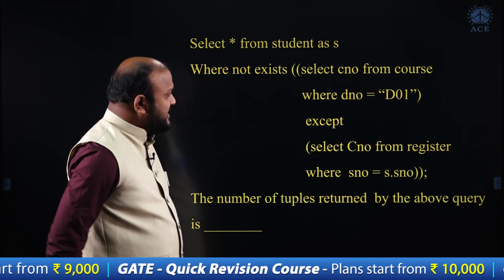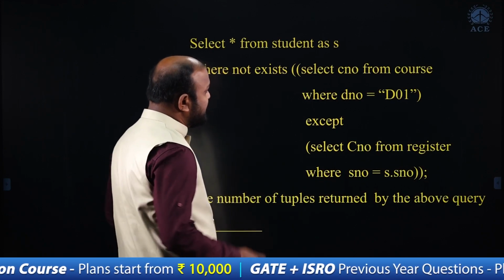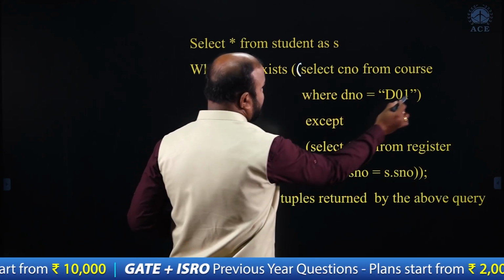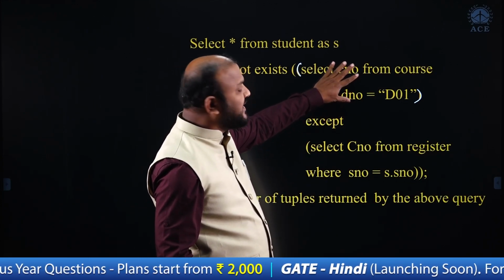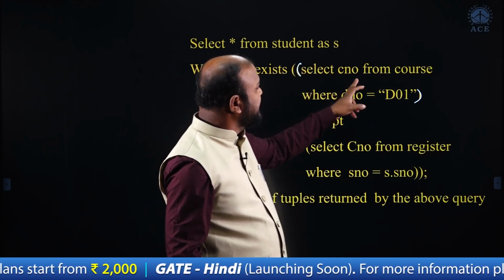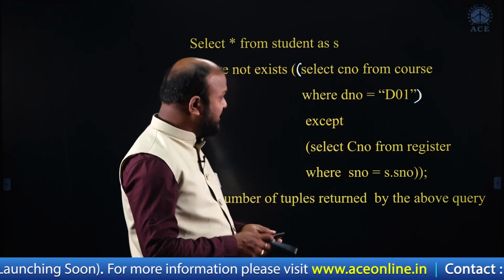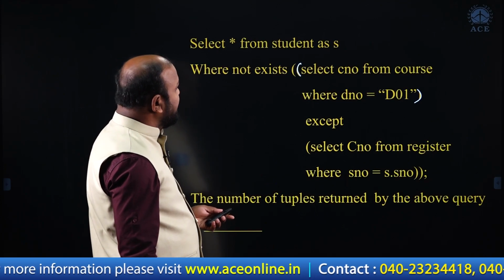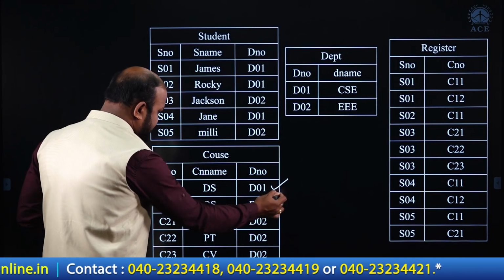Here you look, first this query consists of 2 inner queries. This is the first inner query. And here you observe the first inner query is independent of the outer query. What is the query? Select C number from course where D number equal D01. Look at the course table, D number D01 is there for this tuple and this tuple.